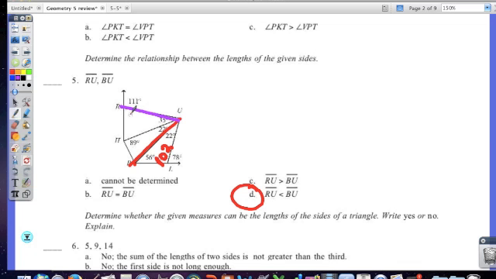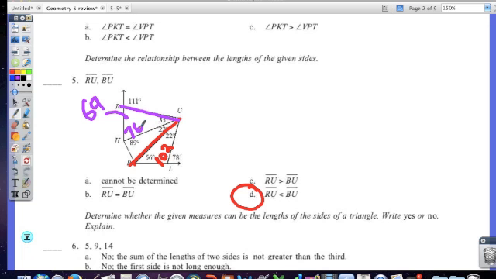So the angle right below it must equal 180. So that angle must be 69, and 69 plus 35 is 104. So if it's a triangle, the last angle must be 76, and that 76 is smaller than 102. So that must mean that RU is greater than BU.